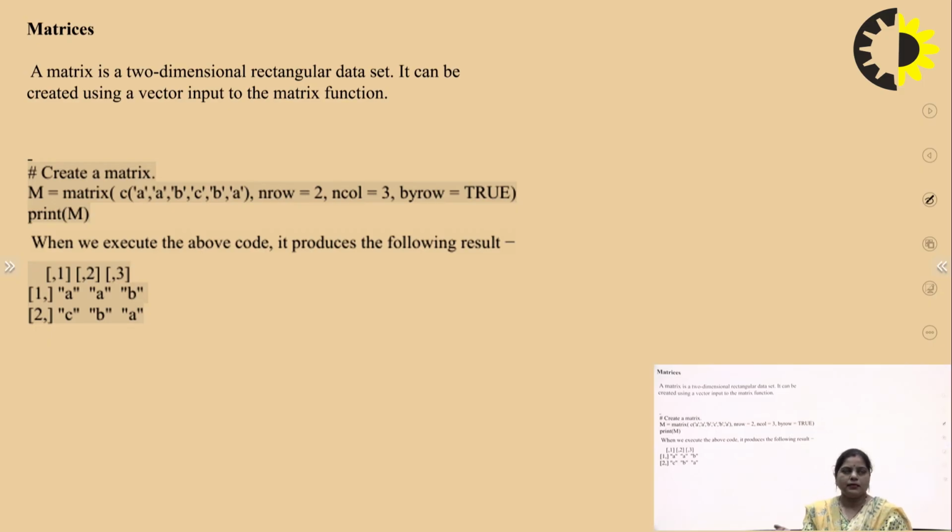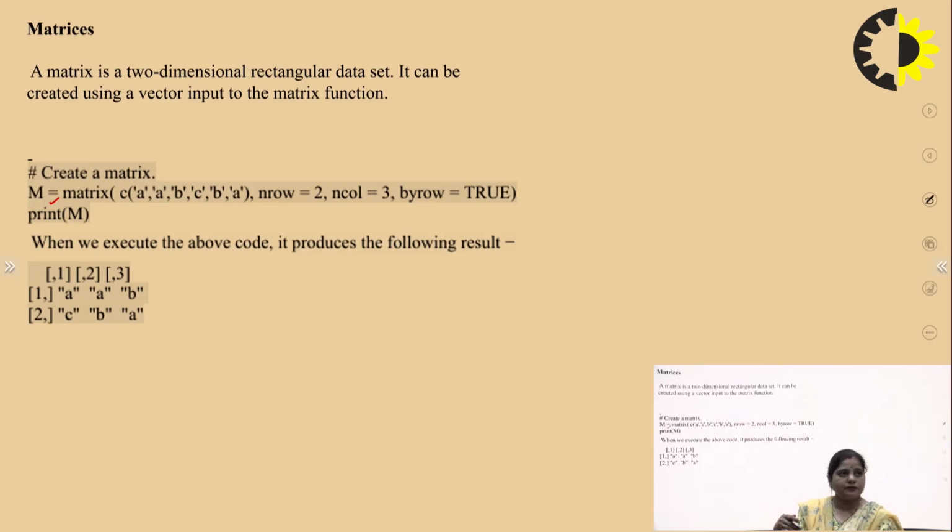So just like we create vectors and lists, we also have a matrix. What is the command? Inside this variable M, we are going to have a matrix object. We are going to create a matrix.